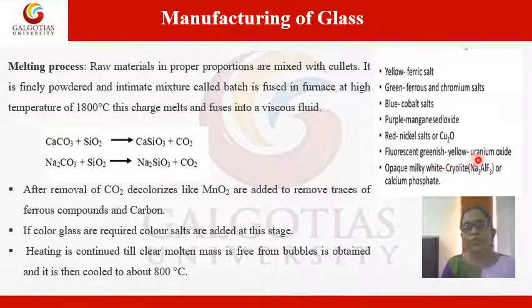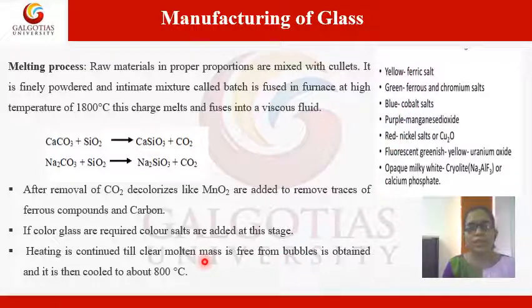For fluorescent greenish or yellowish glass, uranium oxide will be added. Then cryolite or calcium phosphate is added for production of milky white, opaque glasses. So these are the different salts added for production of different colored glasses.